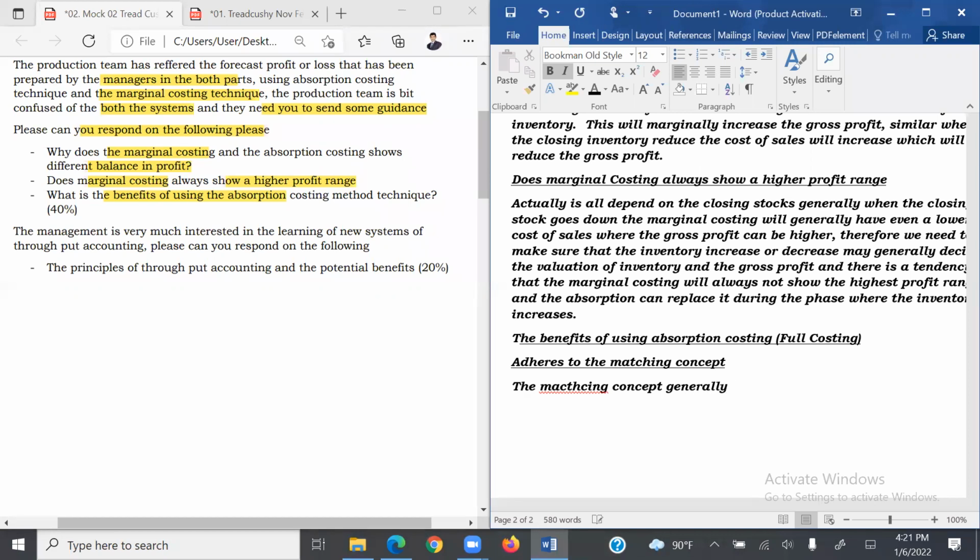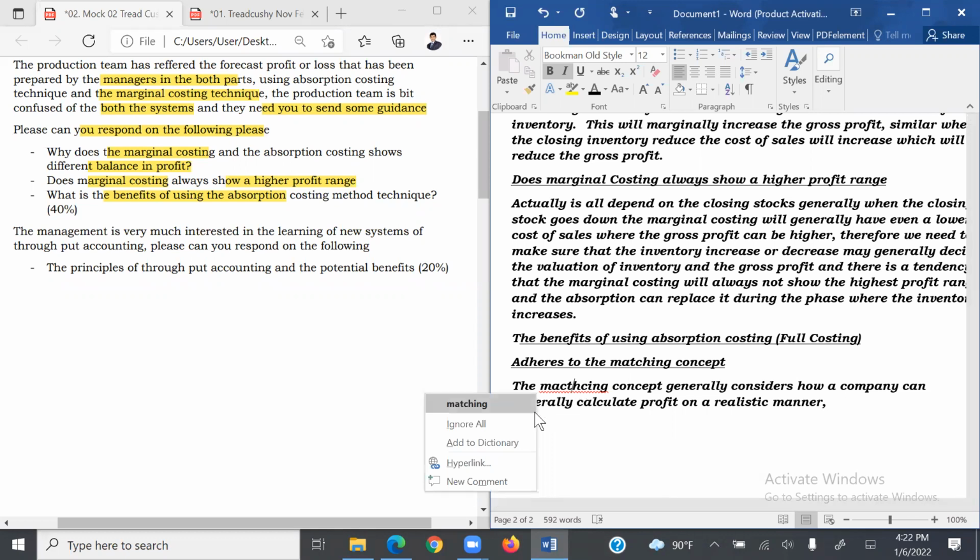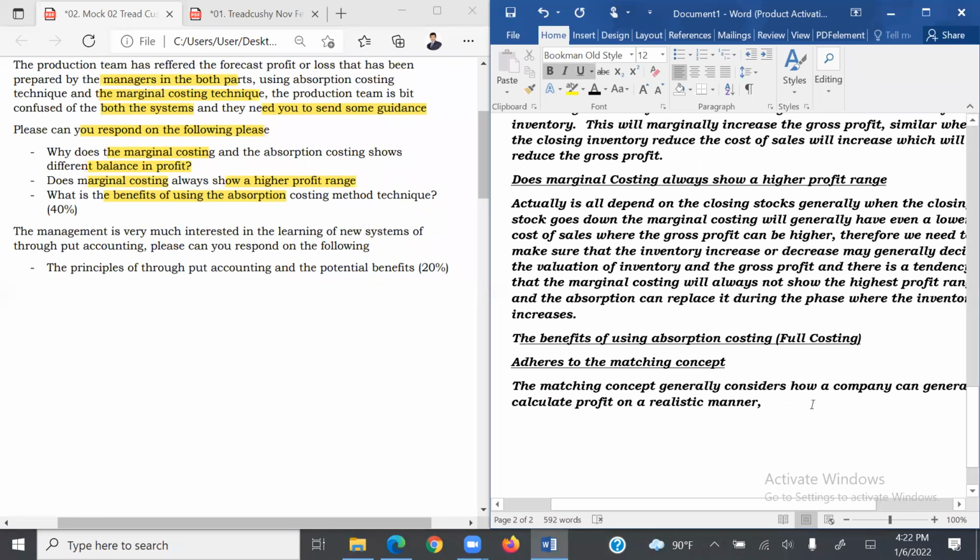generally considers how a company can calculate the profit in a realistic manner. Get this point of view as much as possible, students. Matching concept generally considers how a company can calculate a realistic profit.